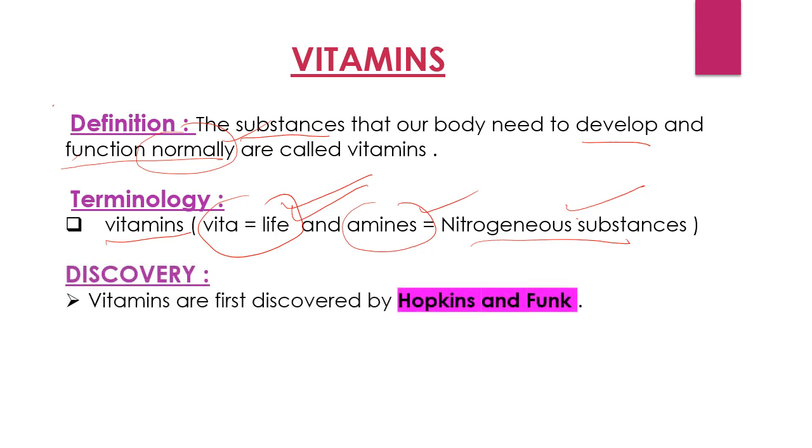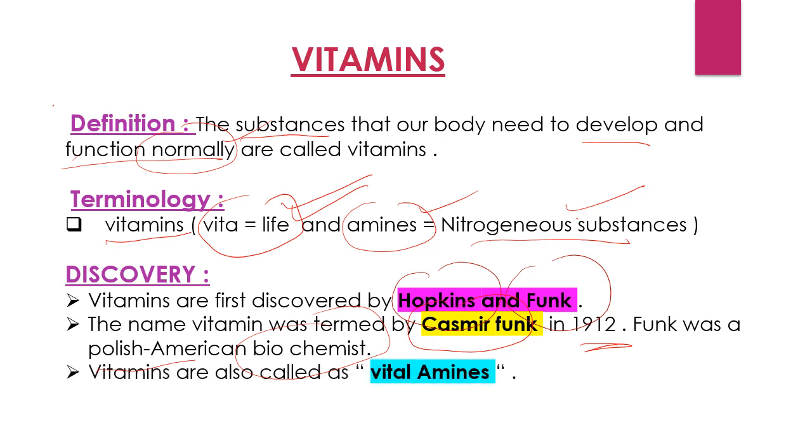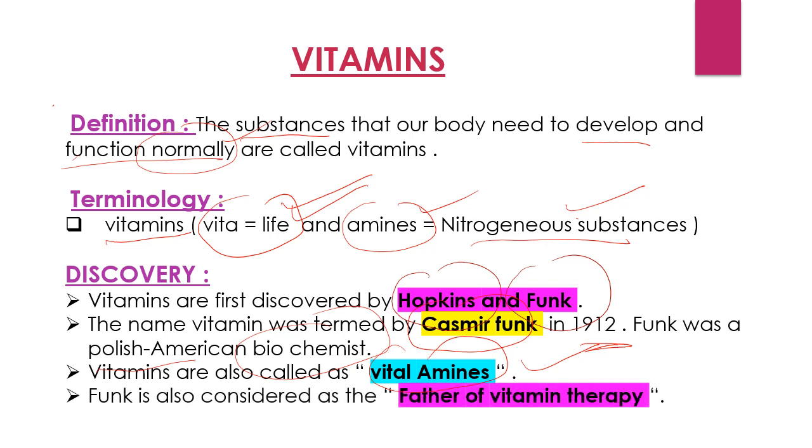Vitamins were discovered by two scientists, Hopkins and Funk. But the word vitamin was coined by Casimir Funk in 1912. He was a Polish American biochemist. Casimir Funk discovered and named the vitamins, so he is called the father of vitamin therapy.